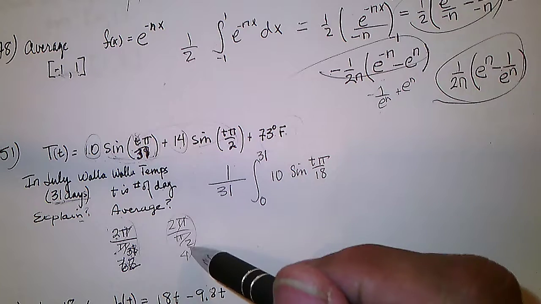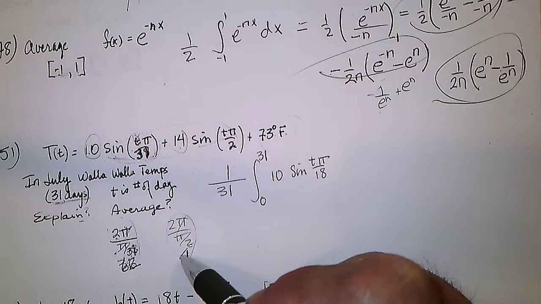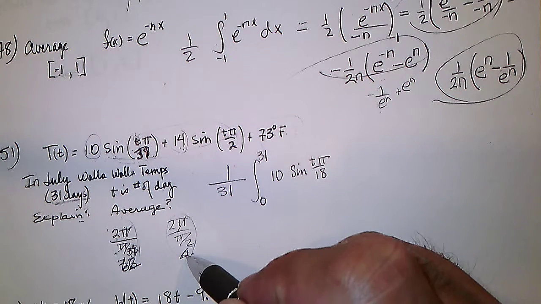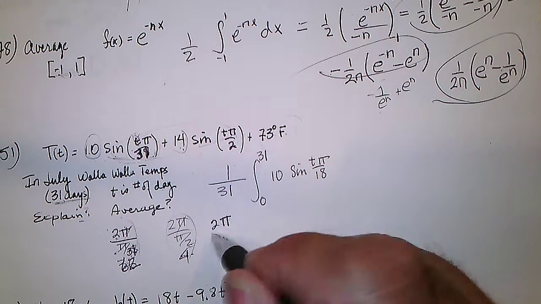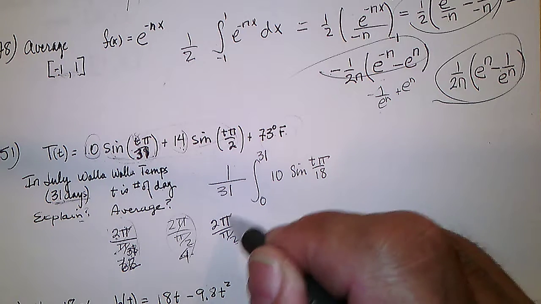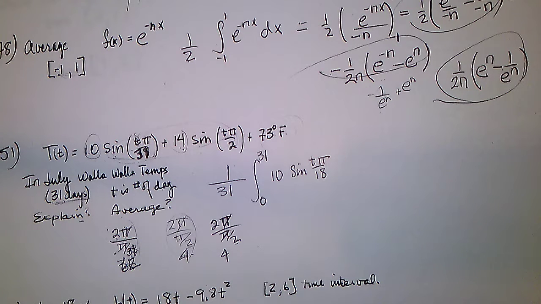And this one has a period of 4, and I think that should be 2 pi divided by pi over 2. So that's a period of 4. Every 4 days it changes 14 degrees.